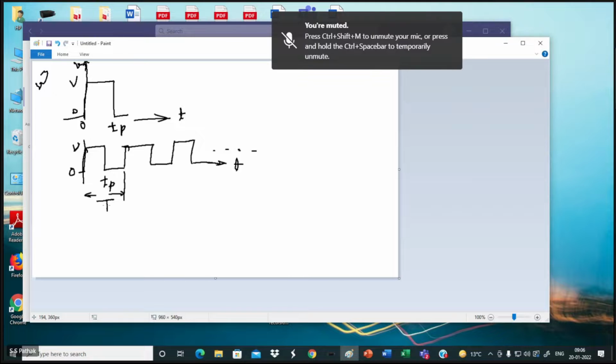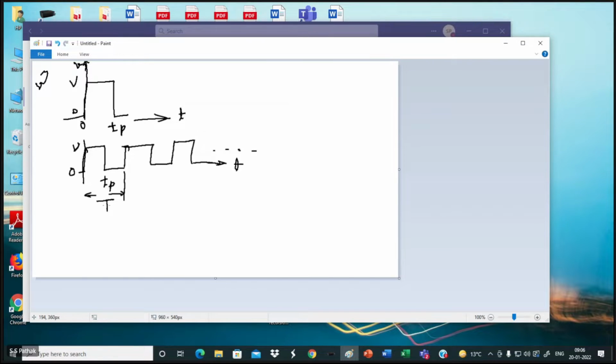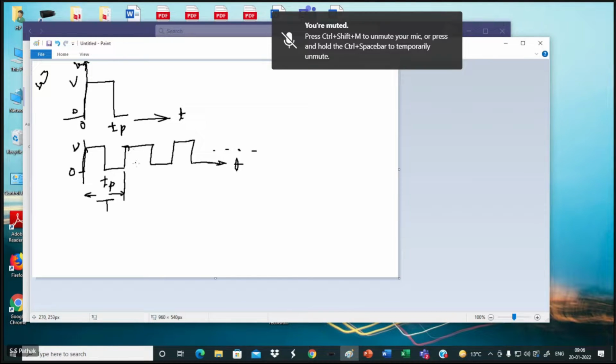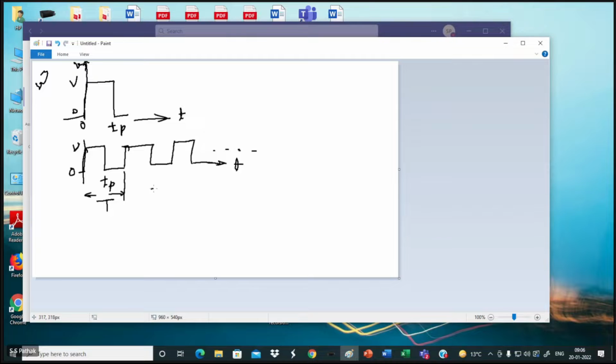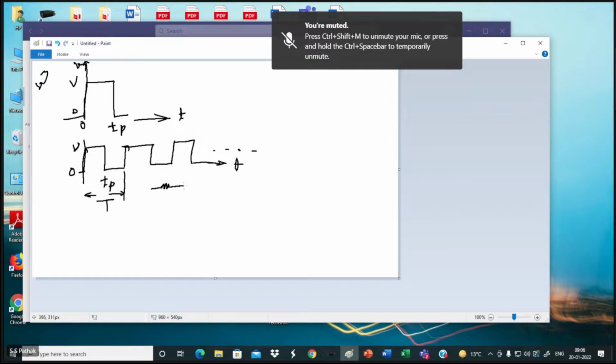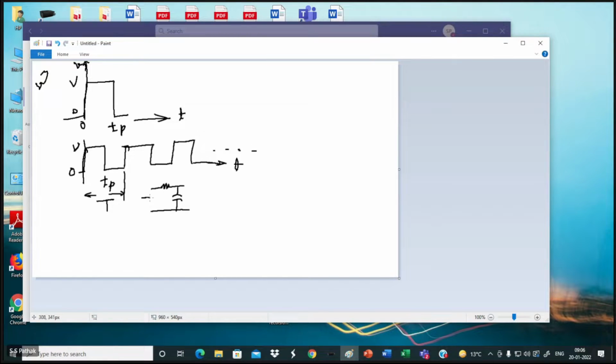Okay. Now here I am giving one circuit. What is that? Here I am making a circuit like this. This is resistance. This is a capacitance. So here is my input where the pulse is entering.